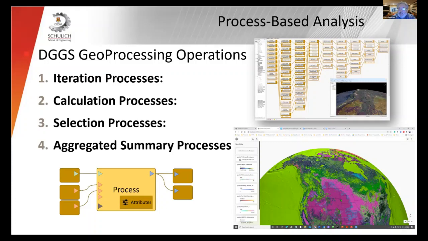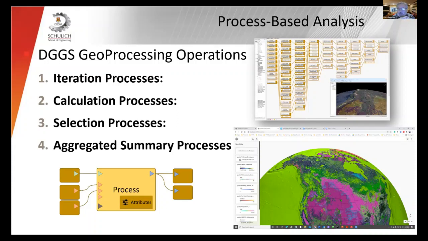In a DGGS, we have that same kind of functionality. We can go horizontally and vertically. It's navigation: zooming in, zooming out, panning. This is being able to very quickly move along those cells and select those cells, just like we do in a database. That's why the indexing is so important, the ability to do that. Searching, broad searching, depth of searching. Any processes that are doing that are really iteration.